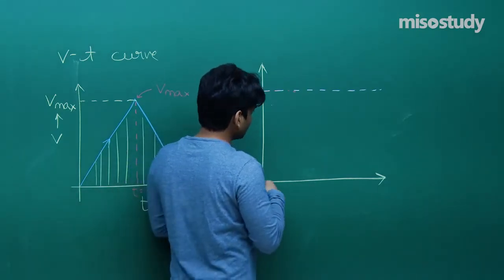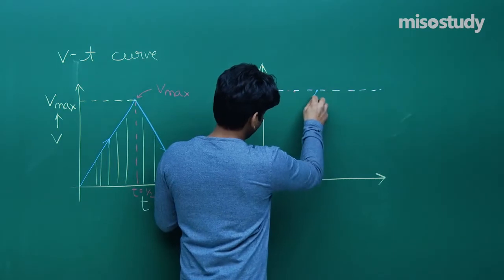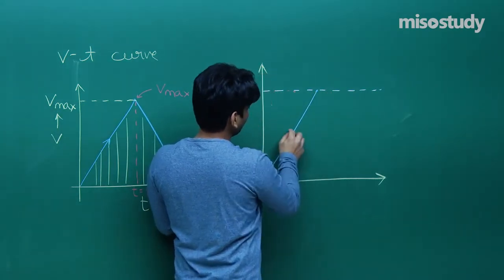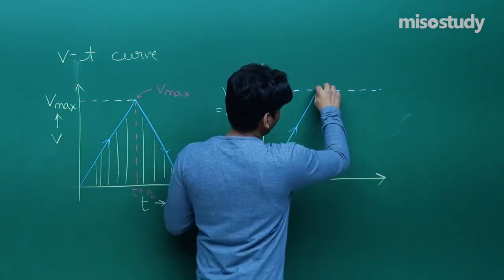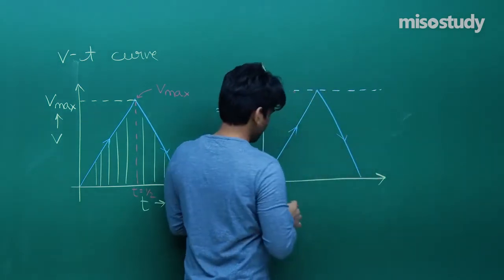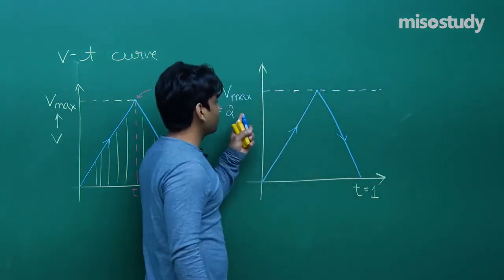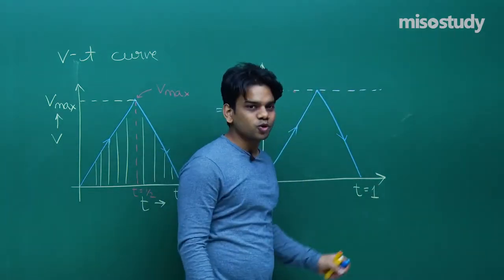So I'm going to show you a curve from t equals 0 to t equals half where the particle velocity is increasing, and then from t equals half to t equals 1, the particle velocity is decreasing. So the maximum velocity is 2, and this is time t equals 1.